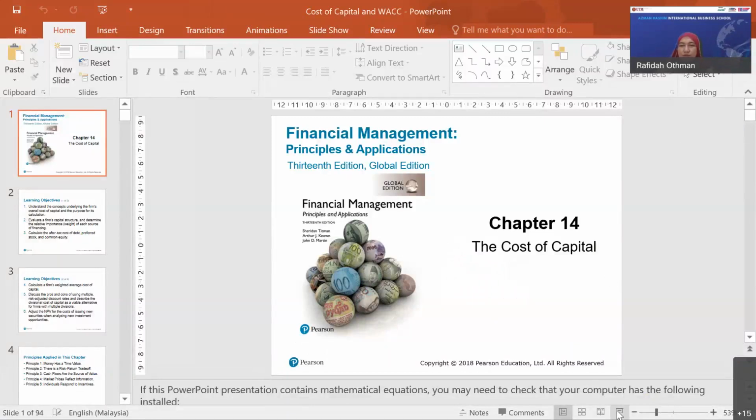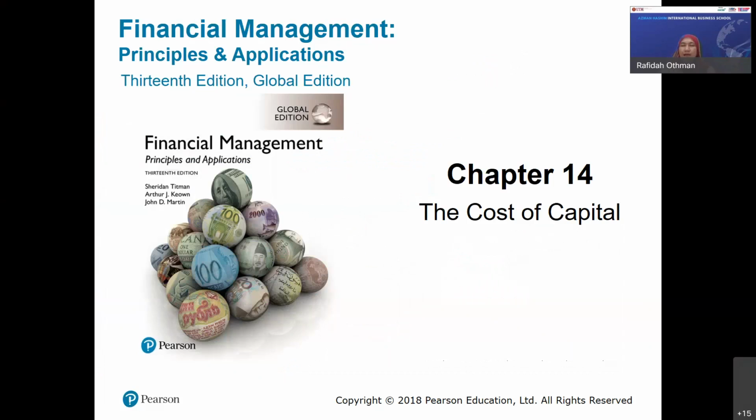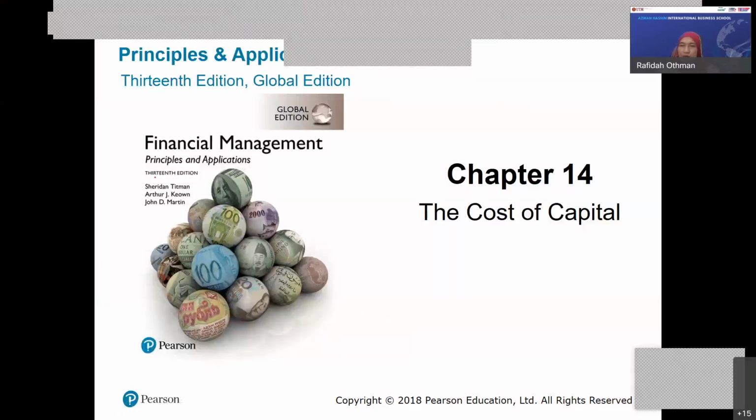So what we have learned so far is actually valuation: the valuation of debt or bond, and the YTM. Then we also learned how to value common stock.